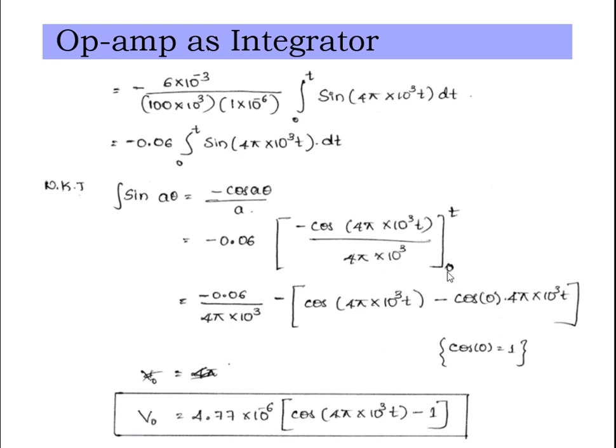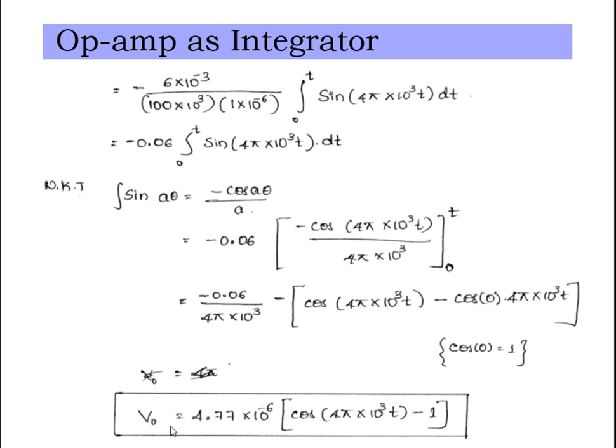Now we are supposed to apply the limits. Applying the limits, taking 4 pi into 10 to the power of 3 outside, we get minus cos of 4 pi into 10 to the power of 3 t minus cos of 0, where the t value becomes equal to 0. Cos of 0 we know is equal to 1.